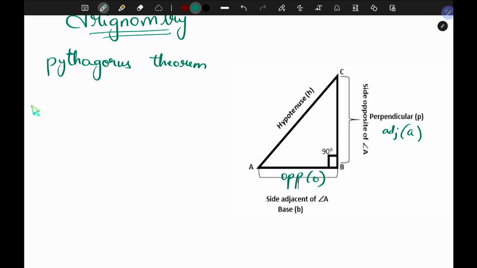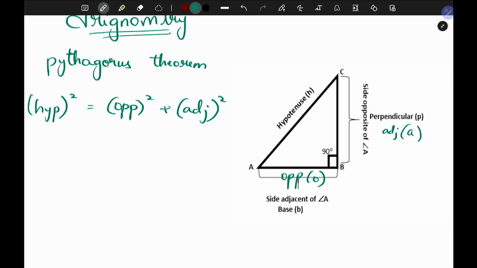Now it says that hypotenuse square is equal to opposite square plus adjacent square. Easy, simple. So the biggest side, which is hypotenuse squared, will be equal to the addition of the other two sides, which are squared again. So simple.